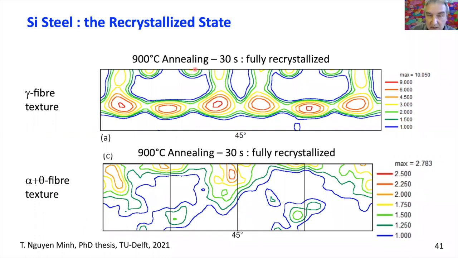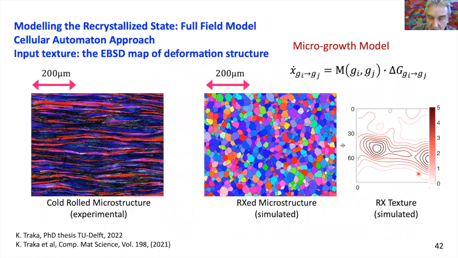You can see here that after annealing at 900 degrees C, this is the texture that comes from the cold rolled sheet, and this is the texture that comes from the warm rolled sheet, rolled at 900 degrees C. You can see here that you have what we call an alpha theta fiber texture, which is also very interesting, by the way, for electrical application. The cube component is not so strong here, only 2.7 as compared to the one originating from the rotated Gauss, but it's something that definitely needs to be looked at.